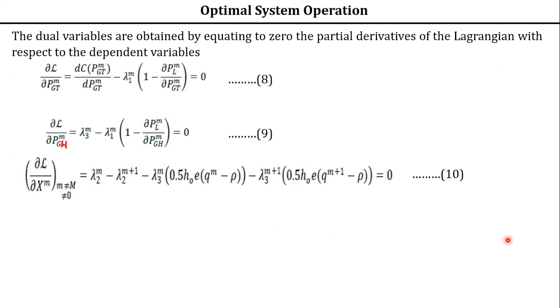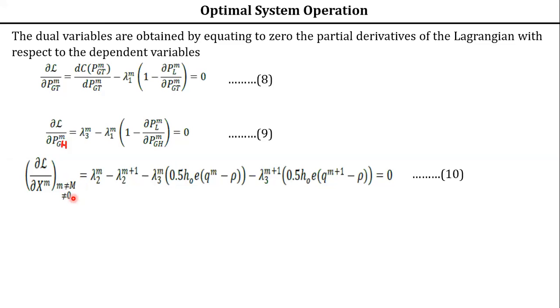Take the partial derivative with respect to XM, where m is not equal to m, and also not equal to 0, isn't it? M is not equal to 0 because these are subintervals. If you have 7 days, 0 to 7, then 0 is not your subinterval; 0 to 1 is your subinterval.